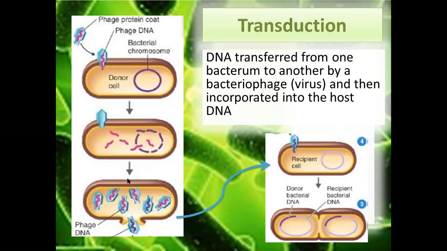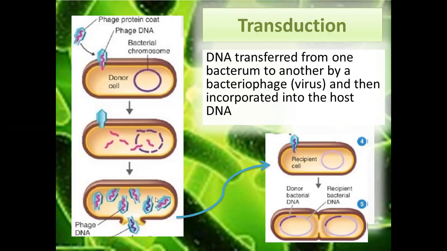And this donor cell undergoes lysis, it dies, and the new bacteriophage is released and infects a new cell, the recipient cell, but this bacteriophage containing bacterial DNA is defective. It can attach to the bacterial cell and inject this DNA, but this DNA is not viral.